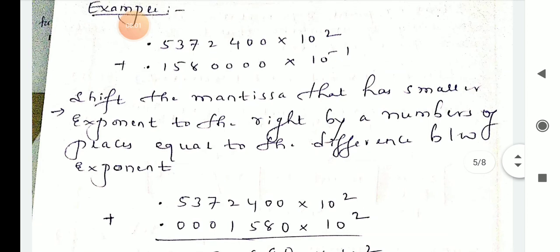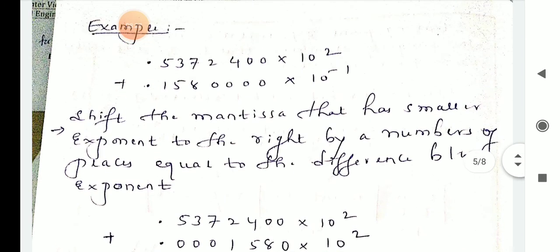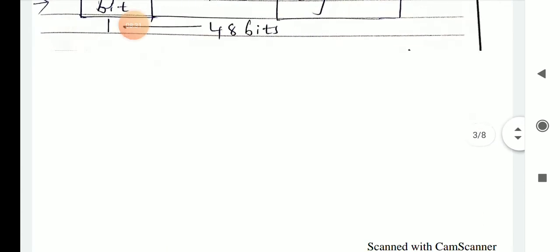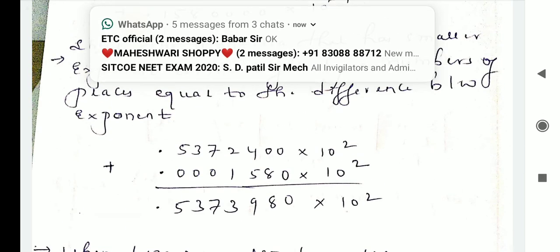The exponents are not matching, so first you have to match them. For that purpose, shift the mantissa that has the smaller exponent to the right, by a number of places equal to the difference between the exponents. Then the exponent parts become equal.